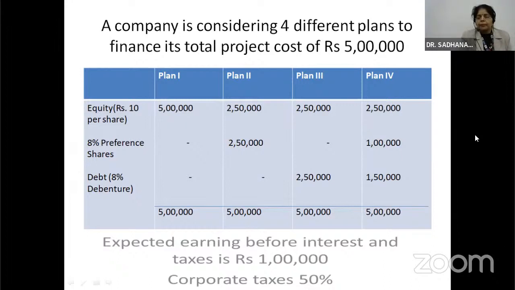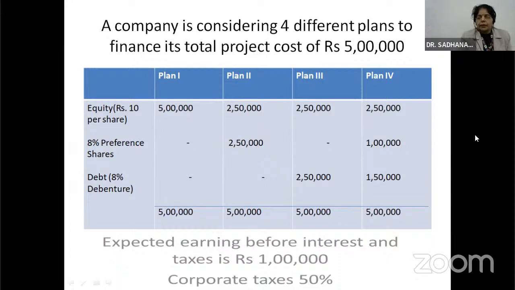And in plan 4, we are using three sources of funds. 2 lakh 50,000 through equity shares of rupees 10 per share, 1 lakh through preference shares of 8%, and 1 lakh 50,000 is the 8% debentures.